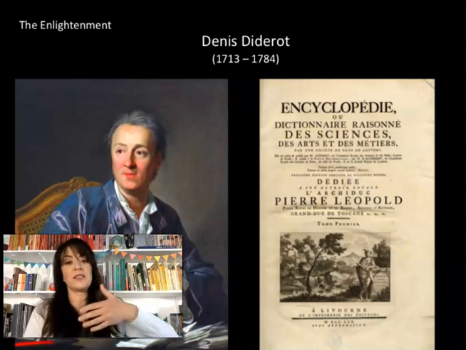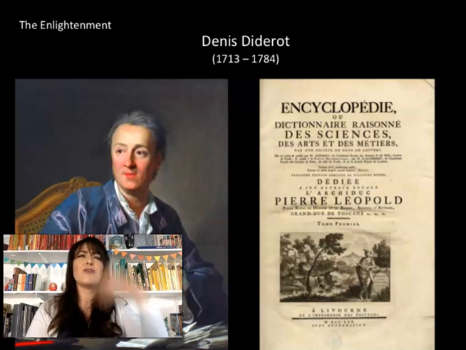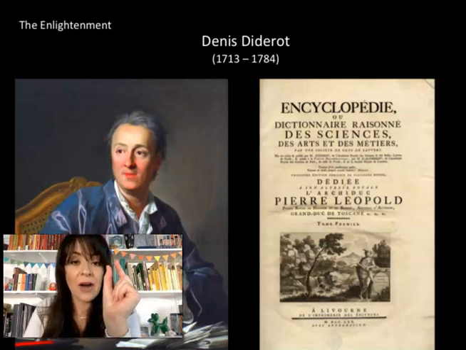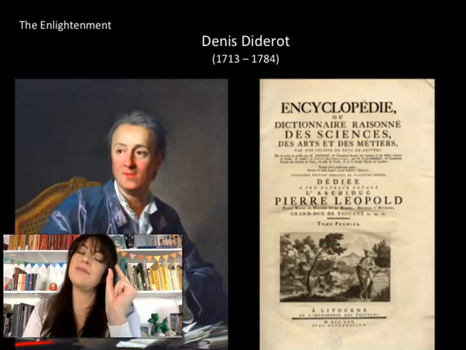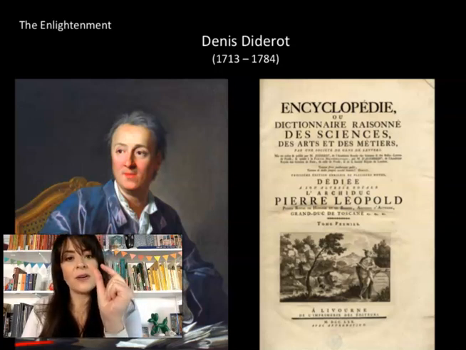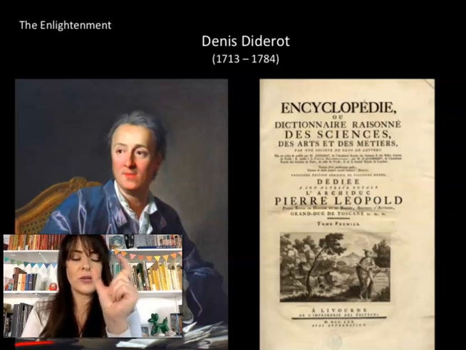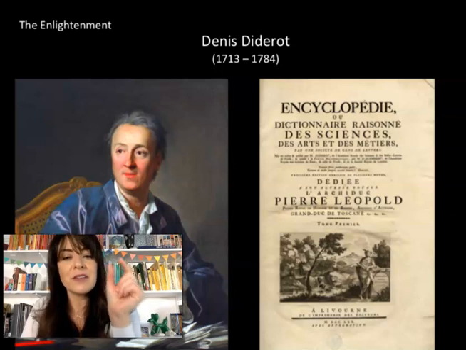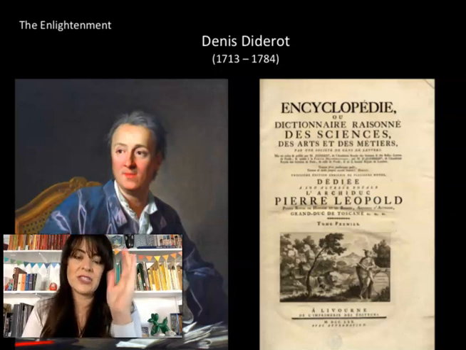Because before this time, of course there was education, of course there was advanced knowledge, but it was limited to those in power. Because, and you know this is why you're in college, knowledge is power. For Denis Diderot, he's arguing, why limit it to those in power? We should give everyone access to education, to knowledge.